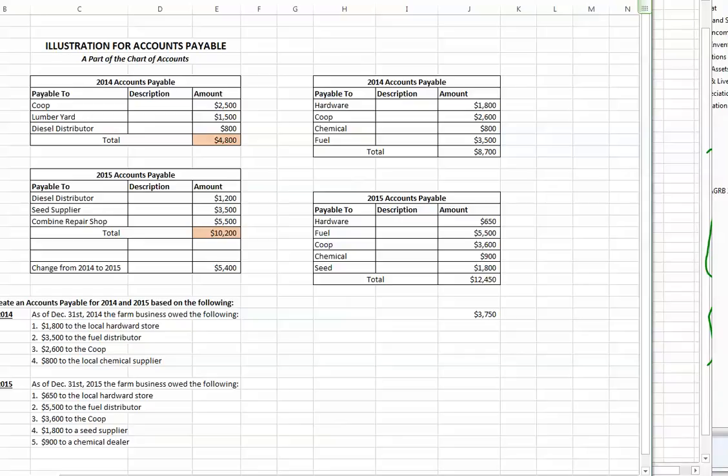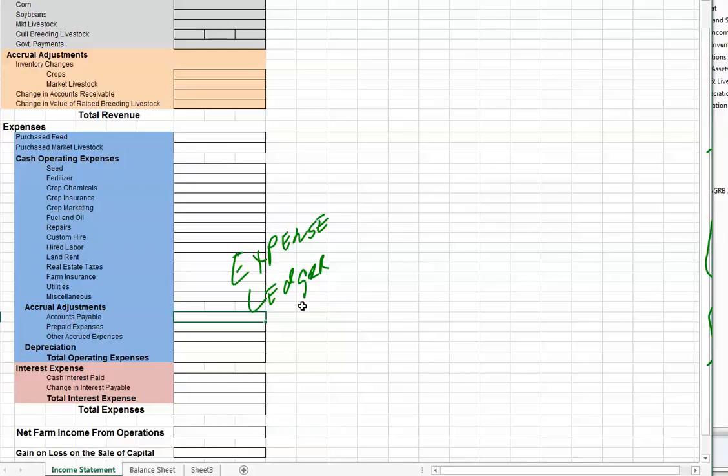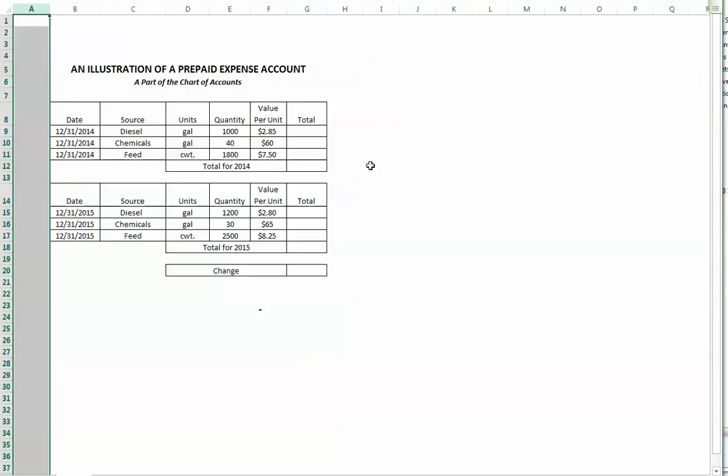So you would calculate all the things that you owe in terms of accounts payable at December 31st of one year, and then you'd account for all the accounts open December 31st of the next year, and that information would simply go right there at accounts payable. Exactly the same thing for prepaid expenses.